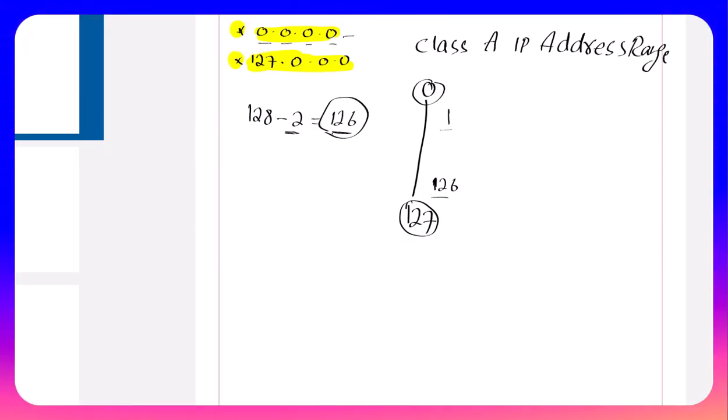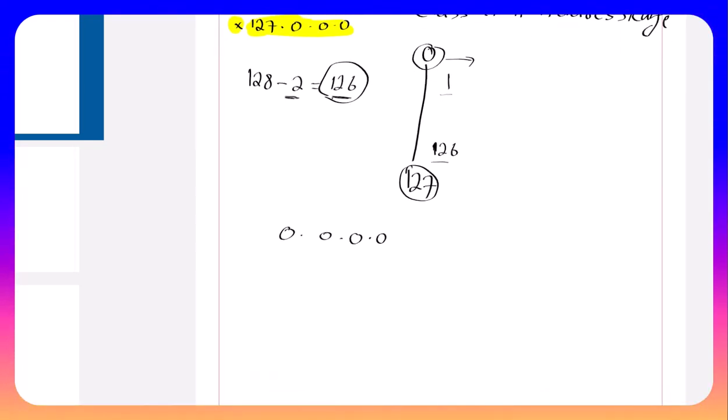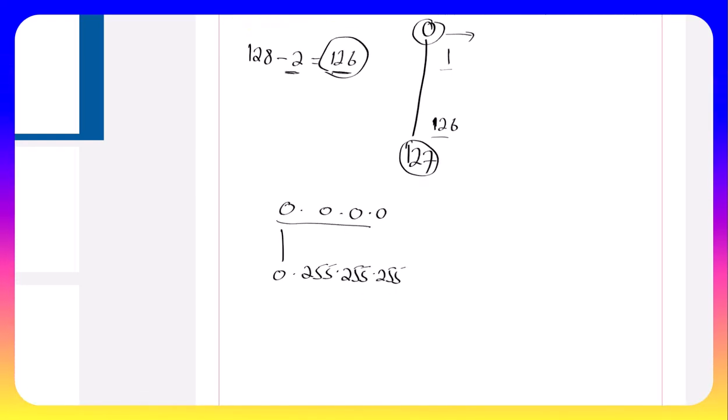So this IP address 0.0.0.0 goes up to 0.255.255.255. The very first and the very last of this. Okay, but we don't use them in the network.